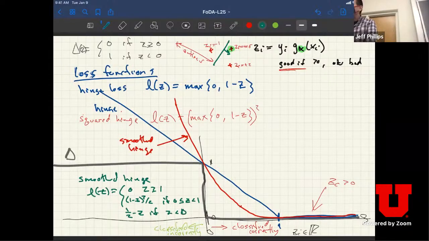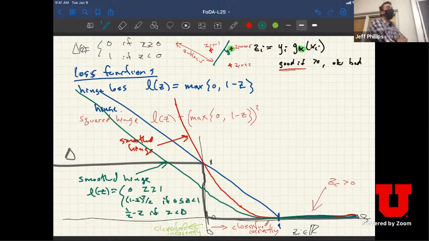Okay, so what is this one going to look like? This one's kind of the best of both worlds. It's going to be the same here, a 0 cost right of 1. It's going to go up at half the rate, so it's going to be quadratic in this zone, and then it's going to be linear.